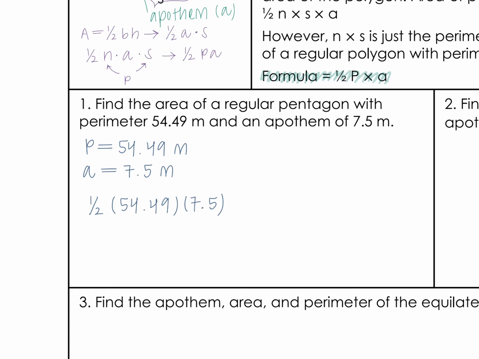Okay, so I'm going to plug this into my calculator to speed things up a little bit, but we've got that 1/2 of 54.49 times 7.5 is just going to give us 204.3375 meters squared, since this is area.